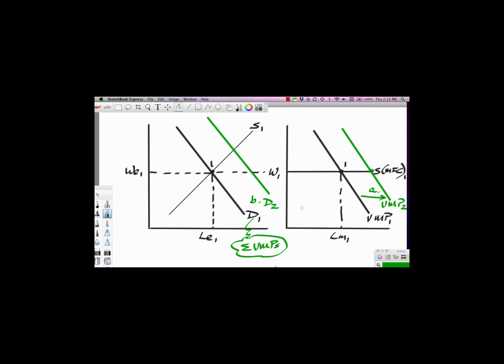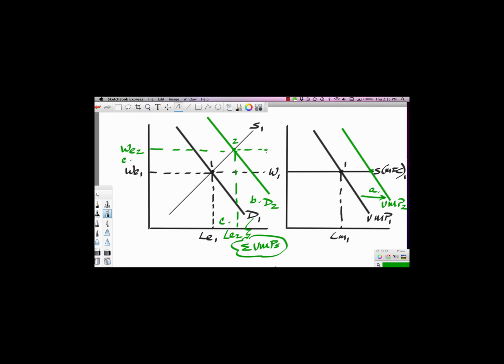A causes B. Now, if the demand curve for labor is shifting to the right, that's going to push up the wage. So the wage rate increases, and that's going to push up the employment level, LE2. So this is going to be C in our thinking. So the increase in VMP, workers are more valuable because they're making something that has a higher price, is going to increase the overall labor market demand, which will push up the wage rate to those workers and push up the employment levels.